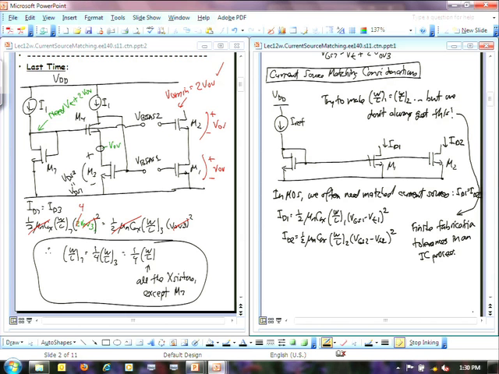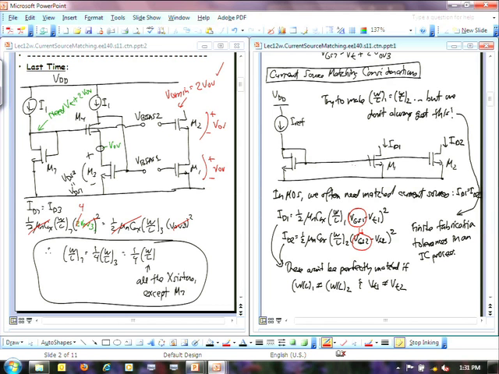To make it easier to quantify, we're going to make some definitions. Let's define average and mismatch quantities. For the average quantity, I'm just going to take the average of the two quantities.